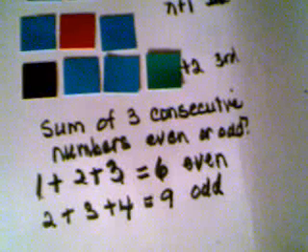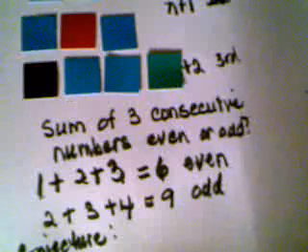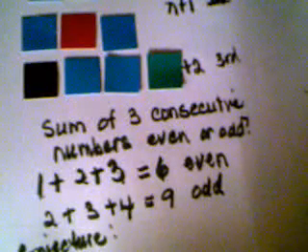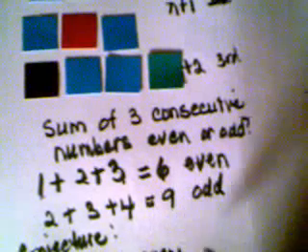So in writing our conjecture, to answer the question, is the sum of 3 consecutive numbers even or odd, you would have to make the statement that if the first number is even, the sum is odd.